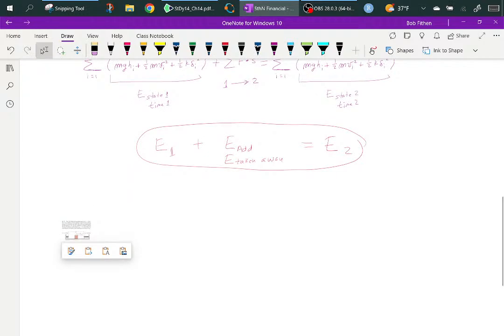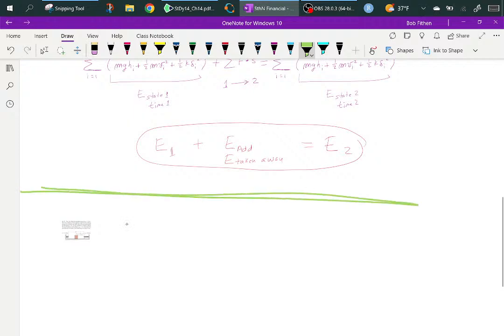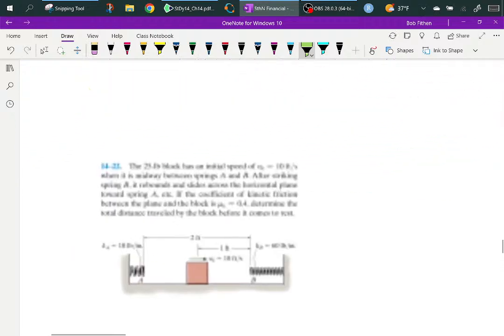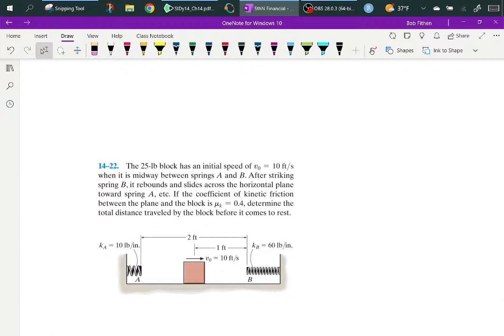There's the problem here. Here's my new problem. Okay, so it says it's a 25-pound block, has an initial speed of 10.